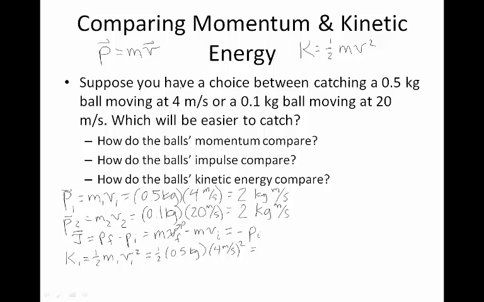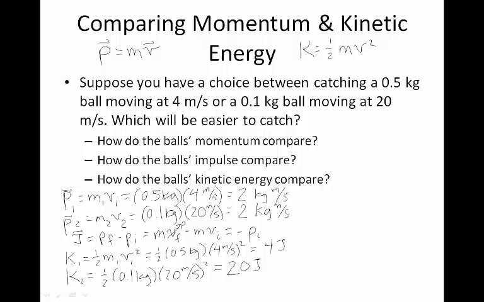So 1/4 times 16, that's 4 joules. Okay, so that doesn't tell us too much yet. Let's see what happens with ball number 2. 1/2 times 0.1 kilograms times 20 meters per second squared. Okay, you do that, and you should get 20 joules.